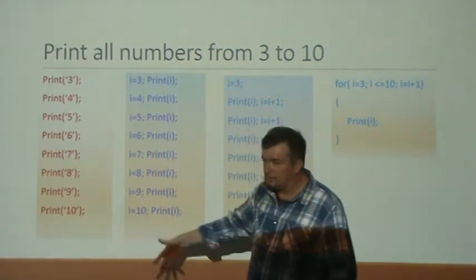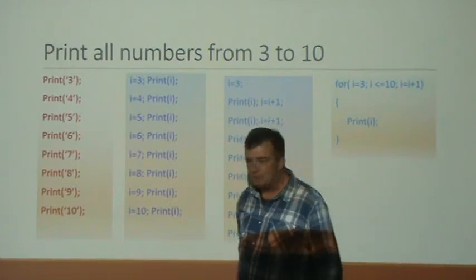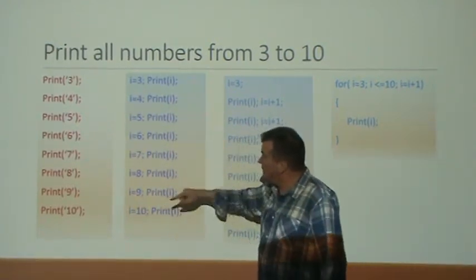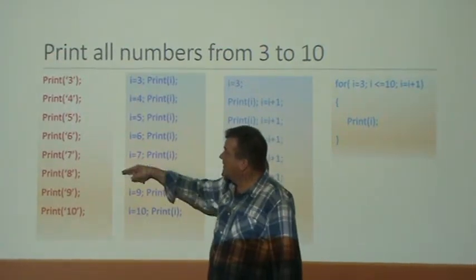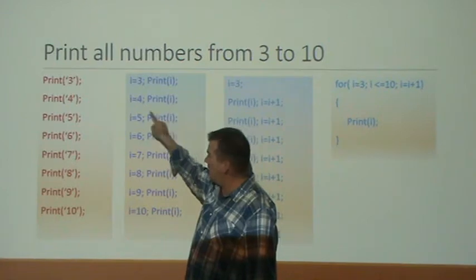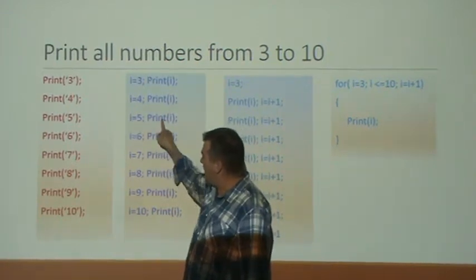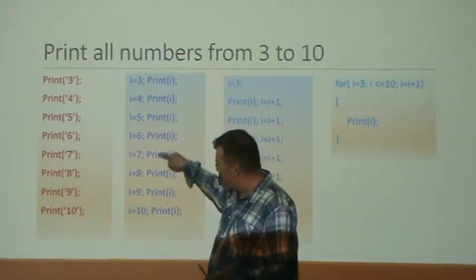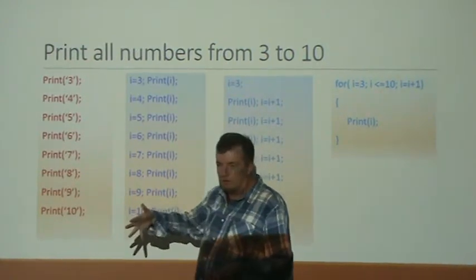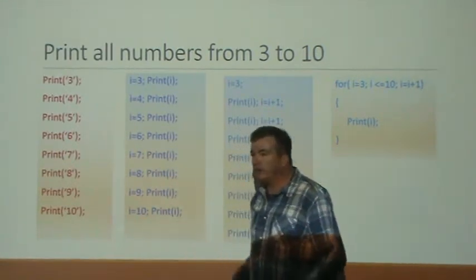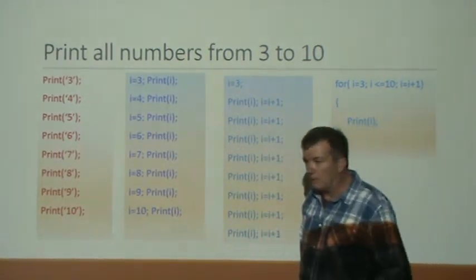So I've now doubled the number of lines of code, and what I'm doing is putting 3 into a variable and then printing the contents of the variable. Then I put a 4 into I, and then again I print I. And then I put a 5 into I, and again I print I. So you might think, this is just a slower way of doing this. Why would I even bother doing this? But I want to illustrate this is something we could do.